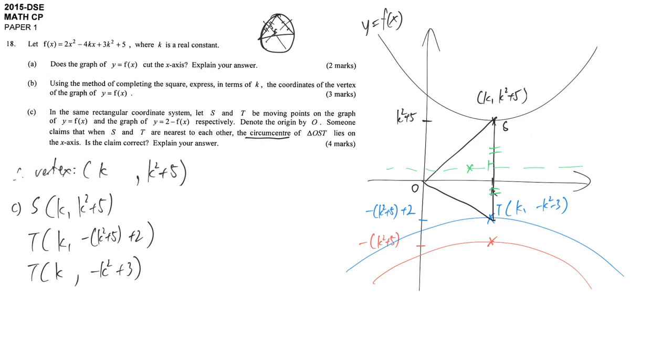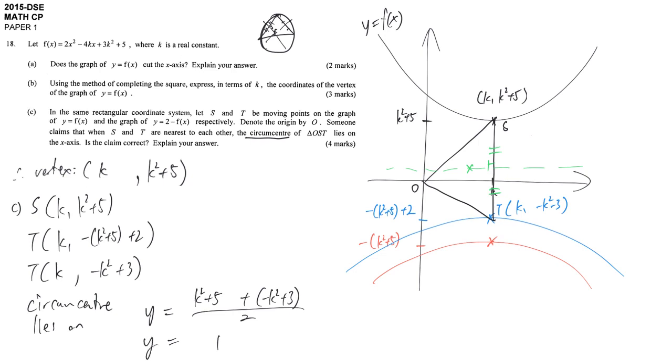And then after that, we say that the circumcenter lies on the line y equal to the average of k squared plus 5 and negative k squared minus 3. It's the midpoint between these 2 points, so this height plus this height divided by 2.